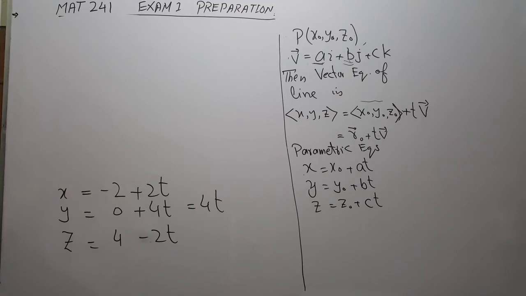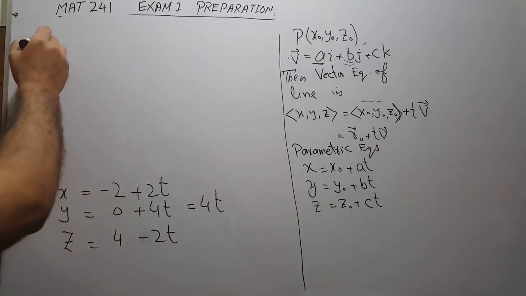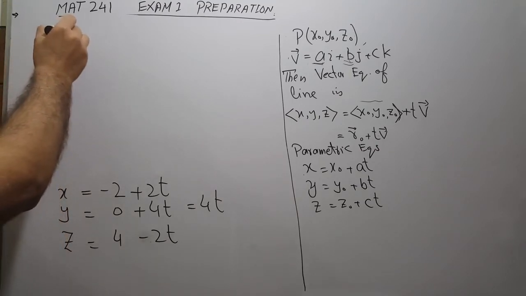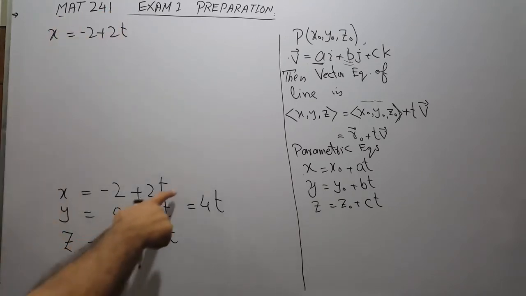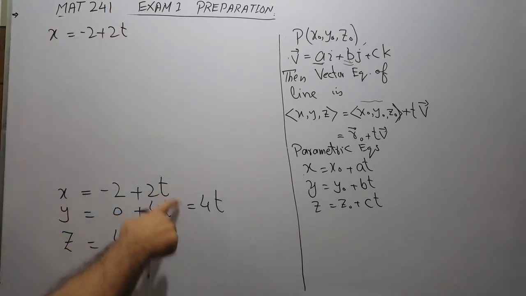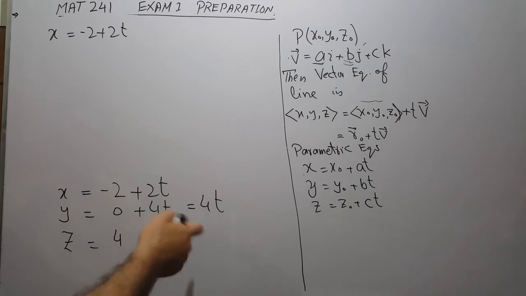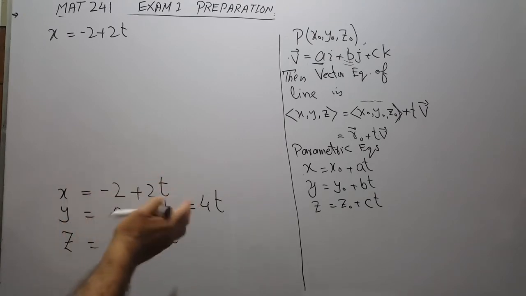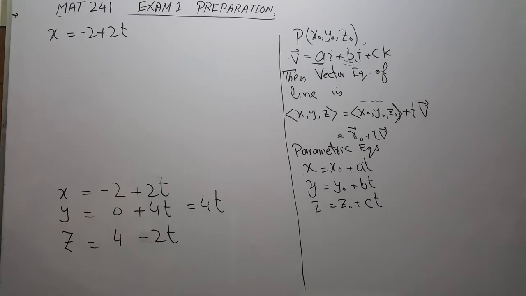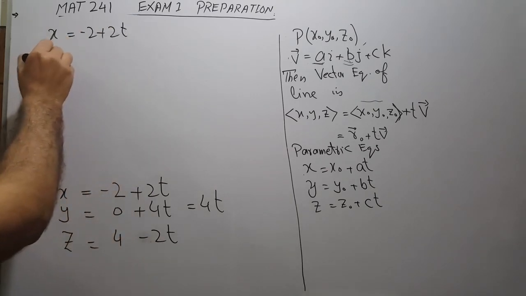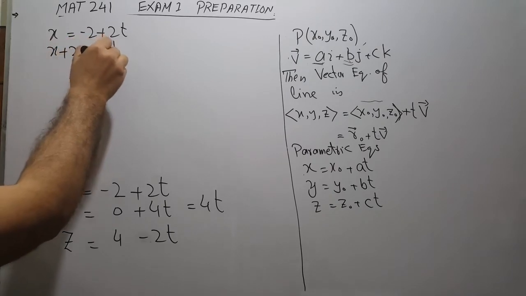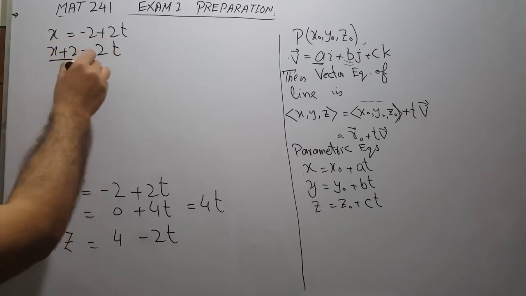Now to find out the symmetric equations, you can write down x is -2 plus 2t. You have to find out t values from all the equations and then put them equal. So from here you can say that if you want to leave t, you bring 2 to the other side and then divide both sides by 2.